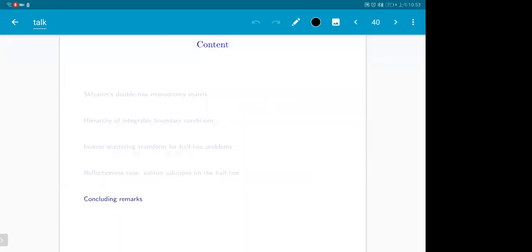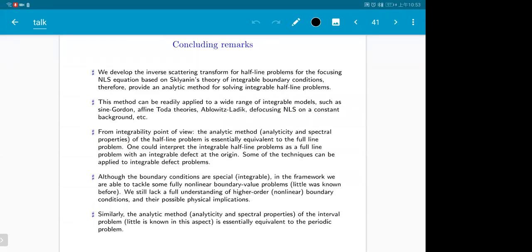Okay, so let's go to the conclusion. Basically, what we have showed is the analytic method for integrable models with a boundary equipped with integrable boundary conditions.